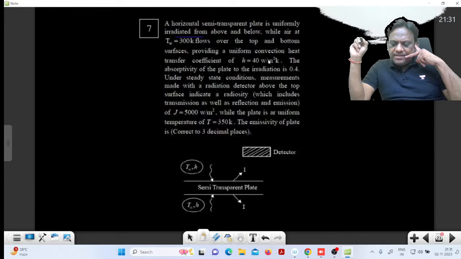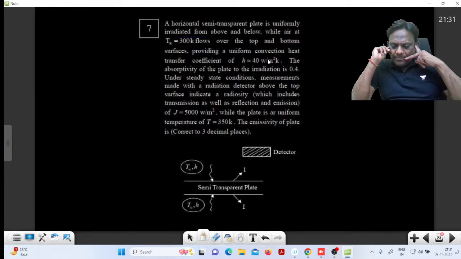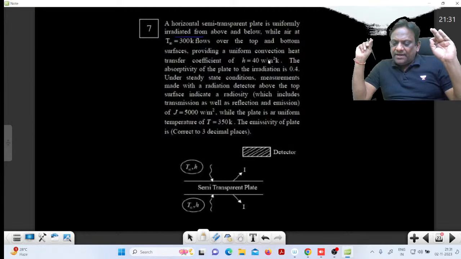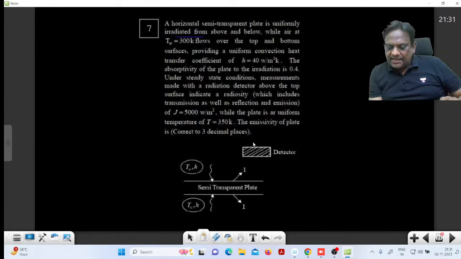The absorptivity of the plate to the irradiation is 0.4. Under steady state conditions, measurement made with radiation detector. This is a radiation detector.